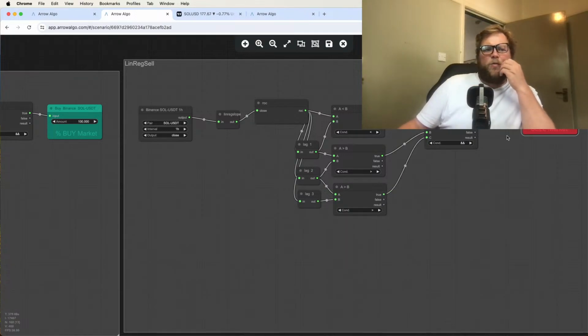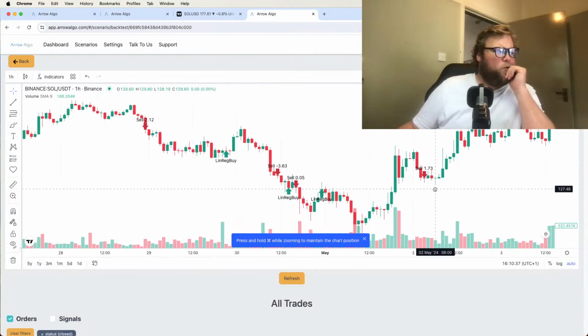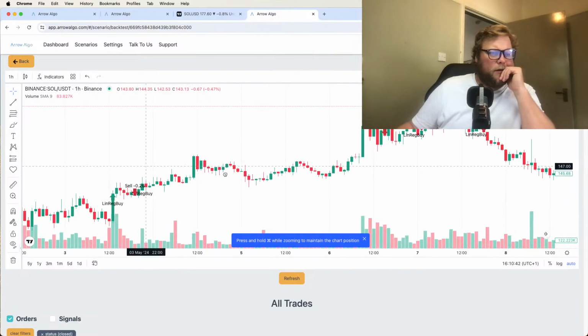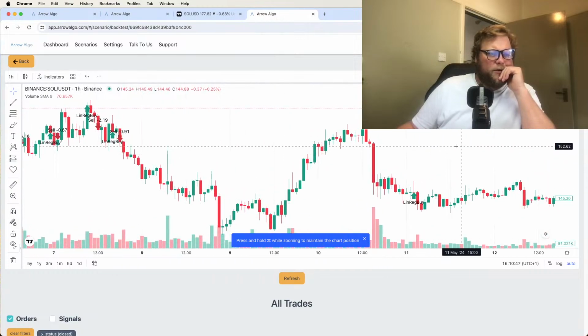And I think this time we'll probably sell at market as well. And what we'll find is hopefully this should be, again, catching these upswings and identifying where the top of the swing is.